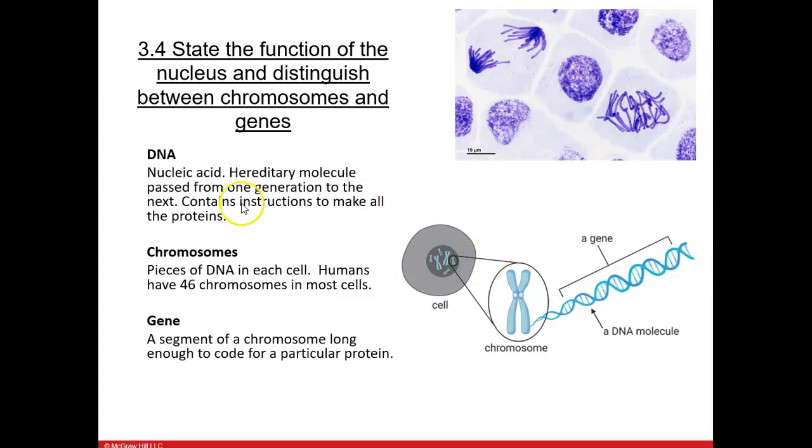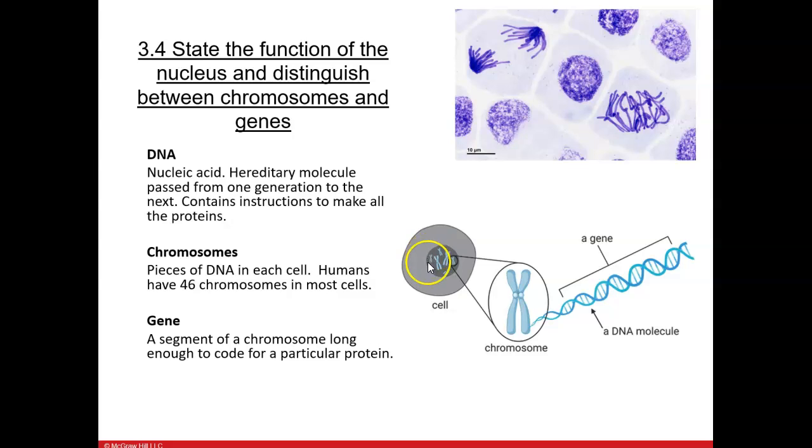Sometimes I like to think about this as a cookbook. The DNA is going to be all the instructions on how to make your proteins. If you have a cookbook, your DNA is going to be all your recipes. It's going to be the whole book, the whole recipe book. Your chromosomes might be your chapters. This one tells you how to make cakes.